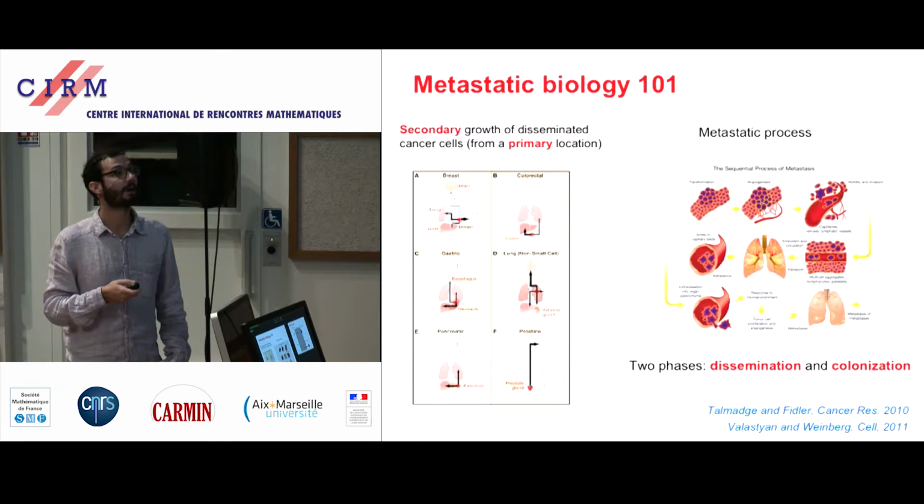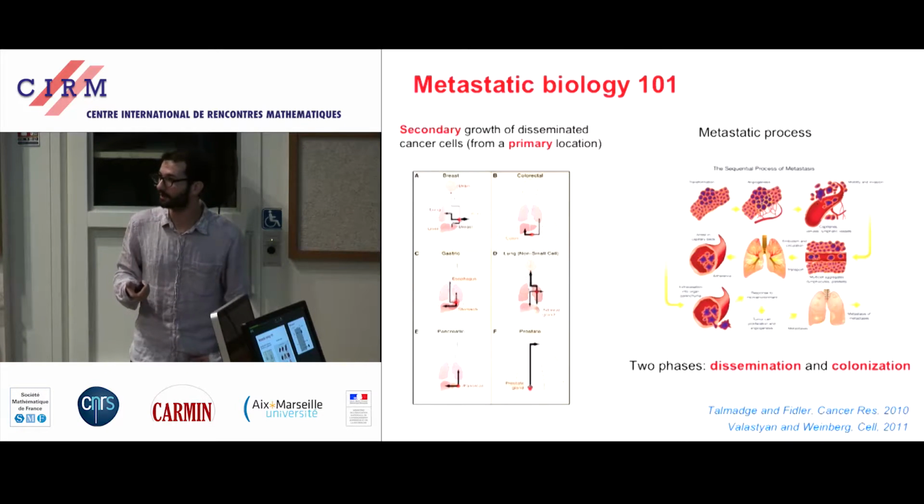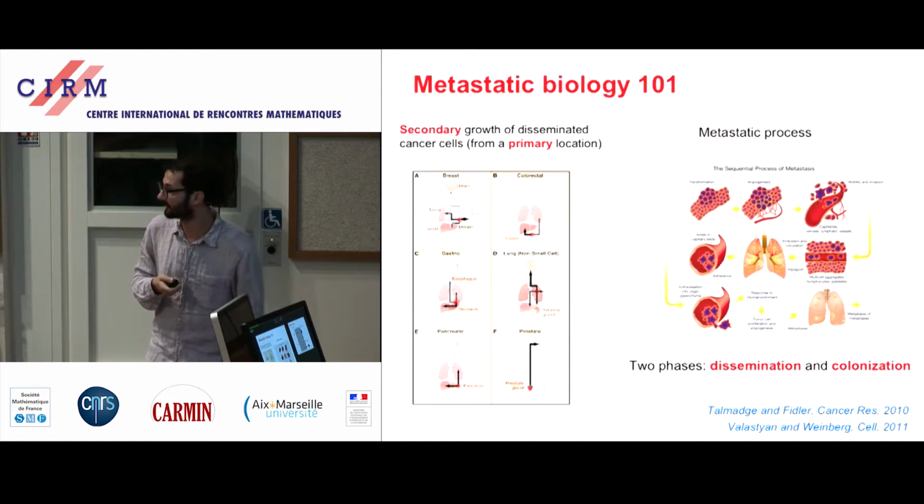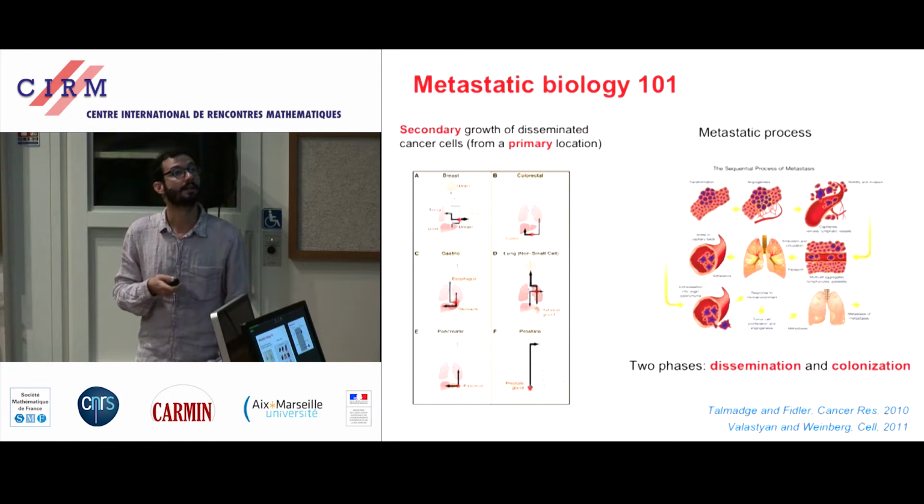But some other cancers have a very specific secondary site of metastasis, such as prostate cancer, which, to my knowledge, only metastasizes to the bones. This is intriguing. I will not give any insights on this, but it's still an open question to really understand why this is happening.